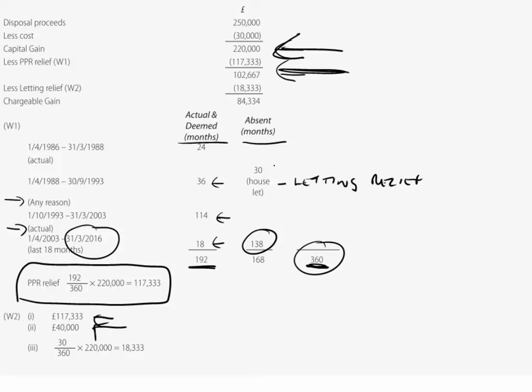We only had 30 months when the house was actually let out during a period of absence that was classified as non-occupation. So 30 out of the total of 360 months of ownership times what was the total gain, 220, brings us down to the lowest of these three figures, the proportion of the gain attributable to the period of letting. Take away your lettings relief and you are left with your bottom line figure of chargeable gain.